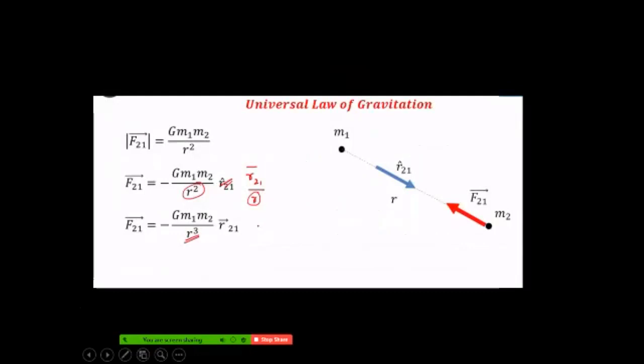That also we can write if it is applying the force in the opposite direction: F21 vector is equal to minus capital G small m1 m2 by r squared times r cap 21. So r cap 21 we can write as the r21 vector by r. This way also we can write it, and F21 vector is equal to minus G m1 m2 by r cubed times the r vector 21. So this is the universal law of gravitation we can write in three ways, right?